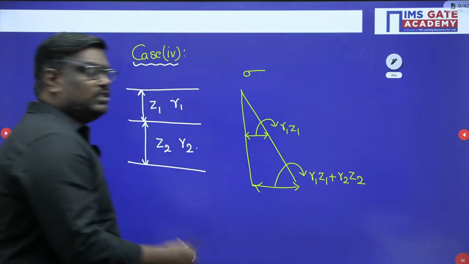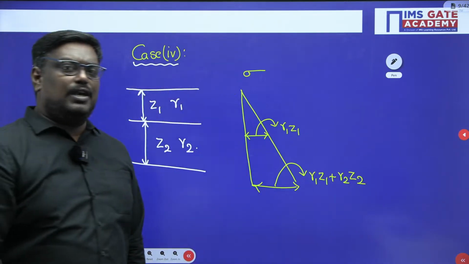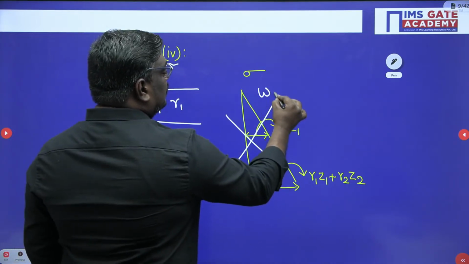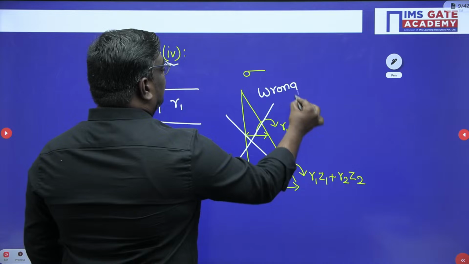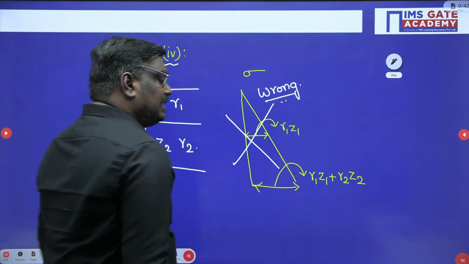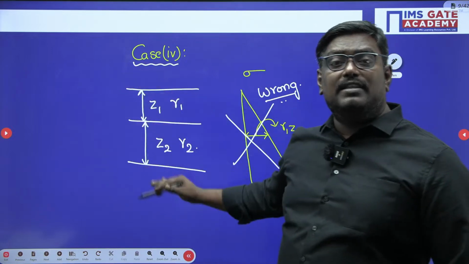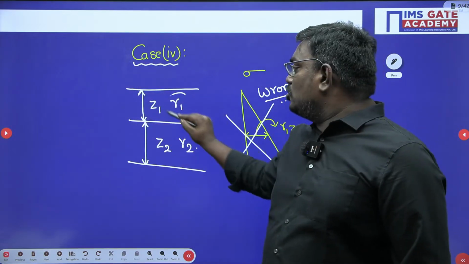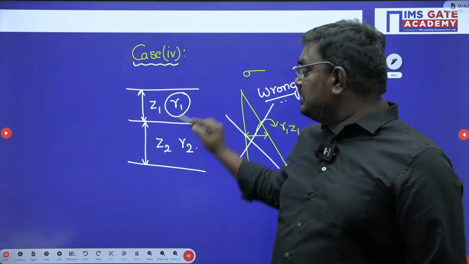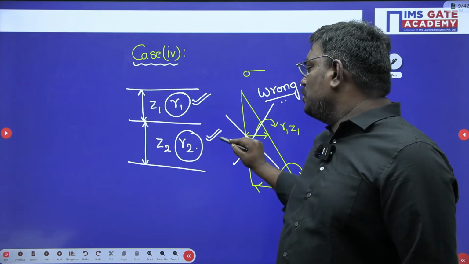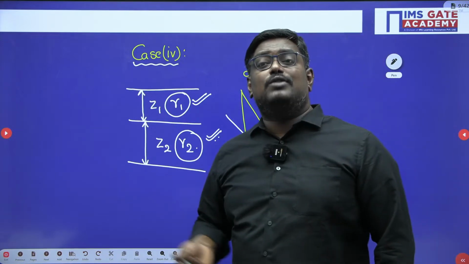Now my dear students, if you have drawn the diagram in this way, this is absolutely wrong. Why? Because in this soil strata, the entire soil does not have the same unit weight. Up to depth Z1 it has gamma 1, and up to depth Z2 it has gamma 2. So the unit weights are changing.